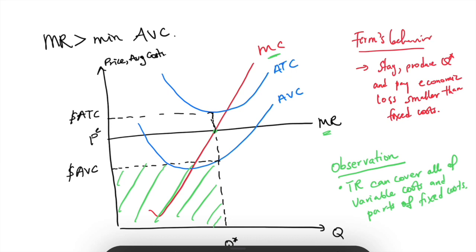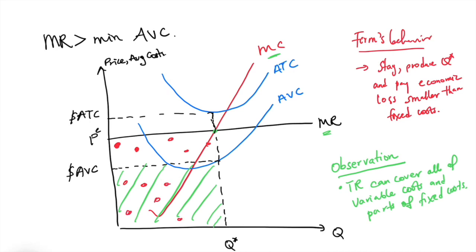And then I will shade in red. I'll put red dots where we have our total revenue. So our sales that are coming in more than cover our variable cost, right?